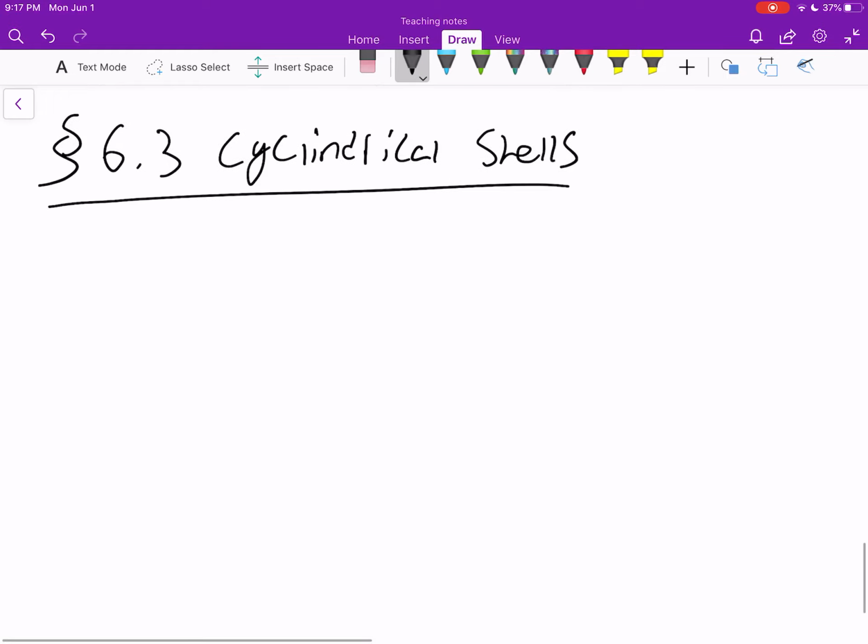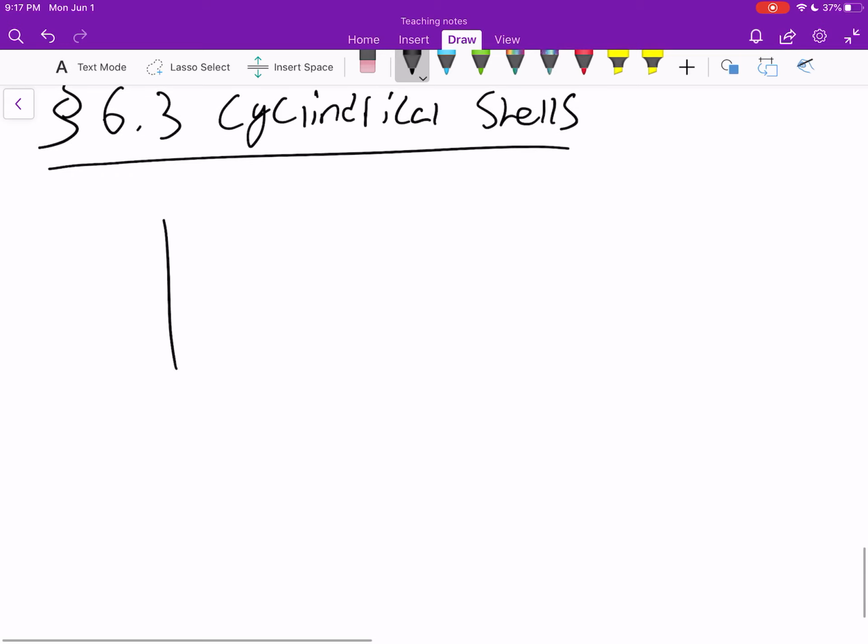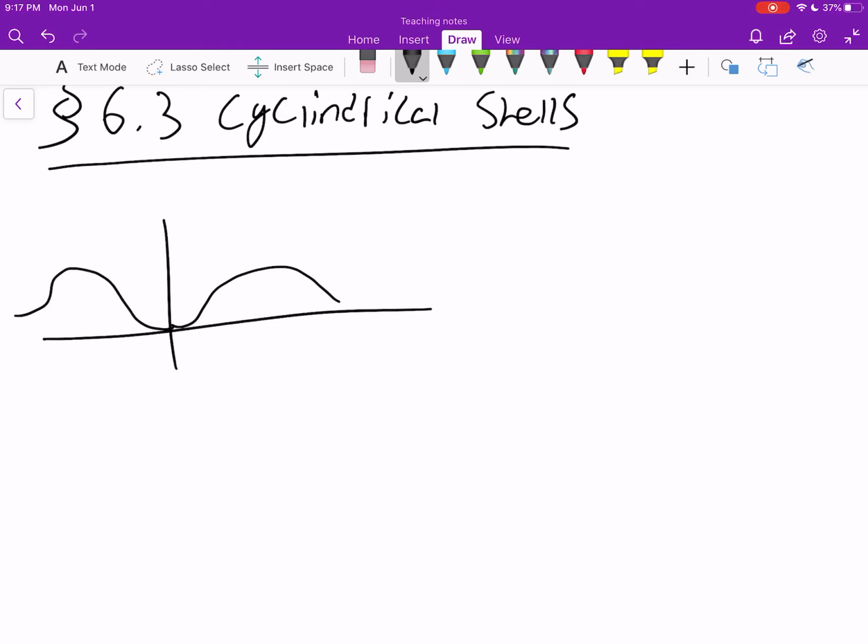So the idea behind this one is we don't just have to constrain ourselves to discs and washers. We can also use shells that move as we revolve this. So the idea is, if I take this cross section here, I can imagine rotating it around, and I'm going to get this cylindrical shell.